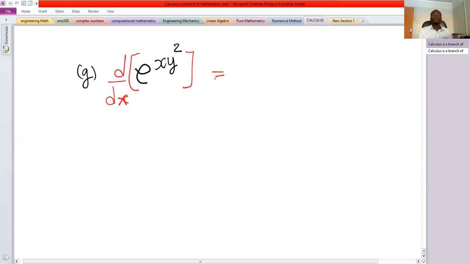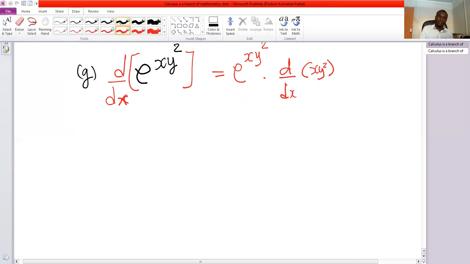So you ask yourself, this is an exponential function. When you differentiate an exponential function, you get the exponential function, and then you multiply by the chain rule, you need to differentiate the power d/dx of x y squared. This is a product of two, so use the product rule.